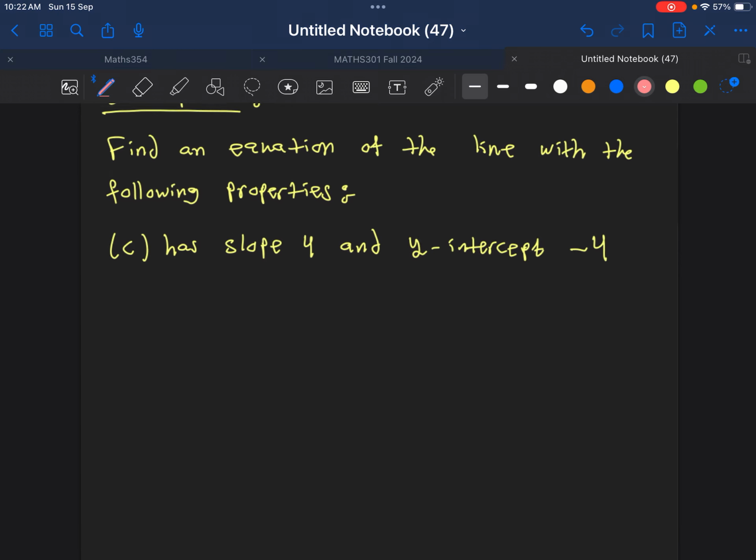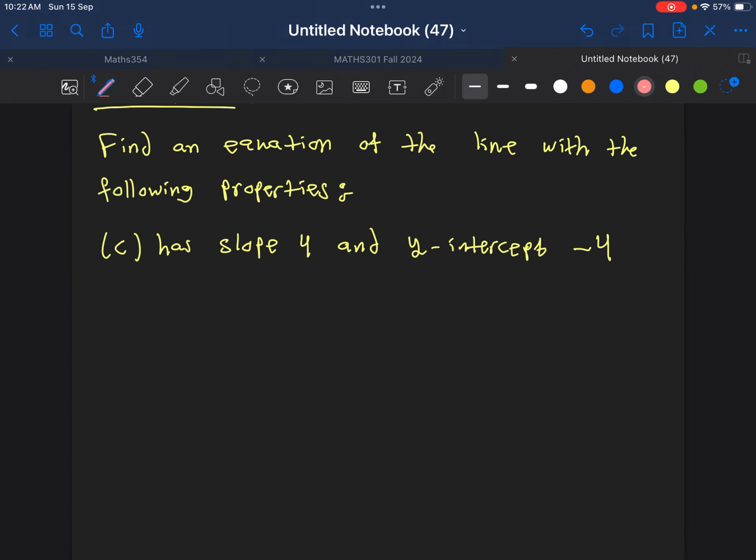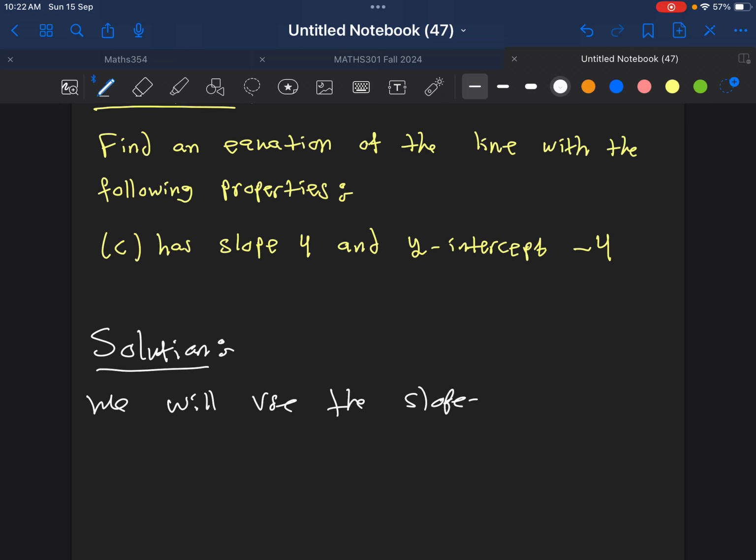Question C is different. Question C, I'm having the slope, good news, and I have the y-intercept, which is -4. So in this one here, we will use the slope intercept form.